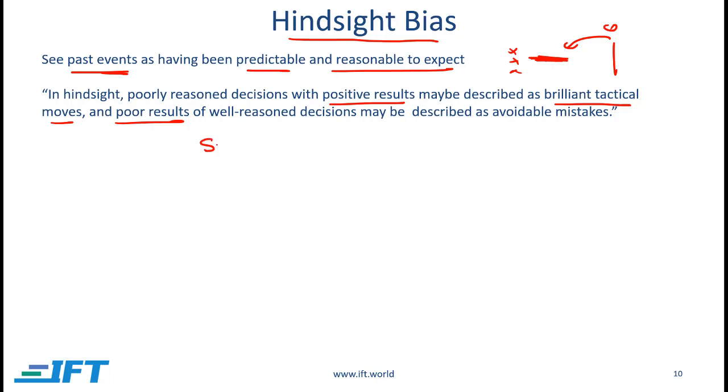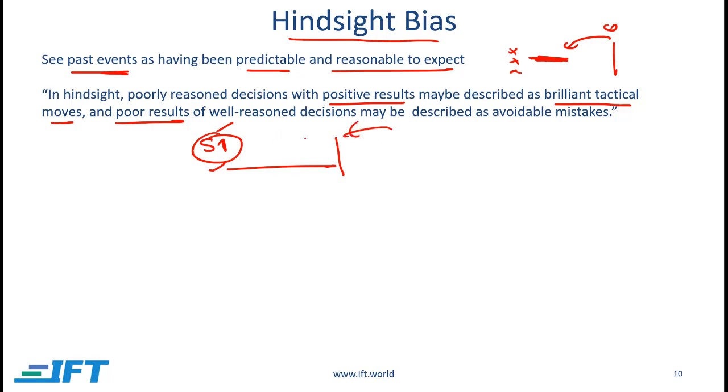So we invested in, let's say, stock 1, and we didn't really do a good analysis. We just thought that it might be a good investment. We saw others making this investment and we bought the stock, and it ended up doing very well. We didn't really do a proper analysis. Once the stock performed well, we look back and say that we performed a wonderful analysis and we were brilliant with respect to this decision. That would be an example of hindsight bias.